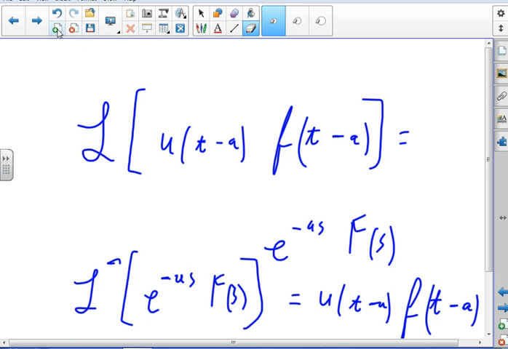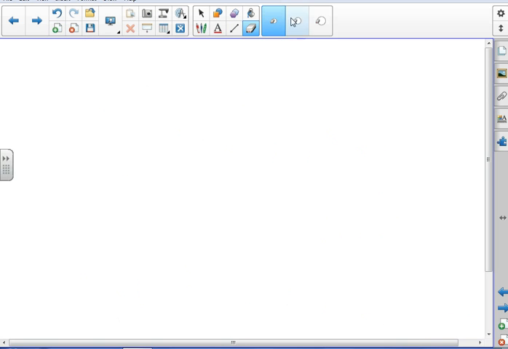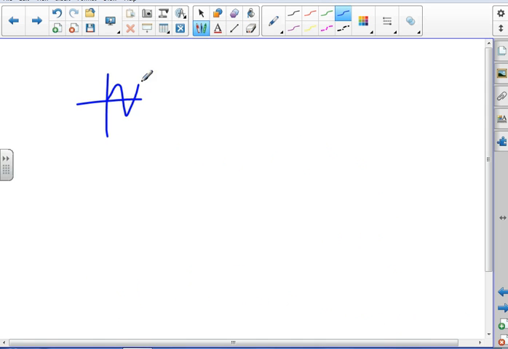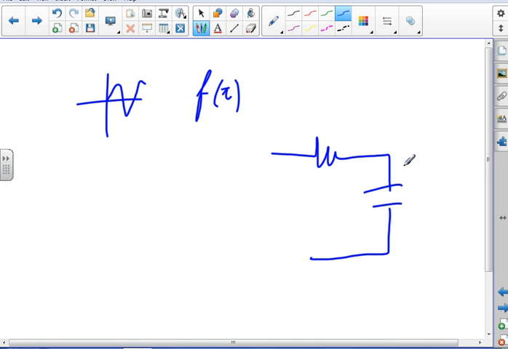Okay, so you want some practical thingy. Let's say I have a sine function, f of t. And I've got some electronic circuit, with a resistor, a capacitor, and an inductor. I'm going to send a signal into this thing.